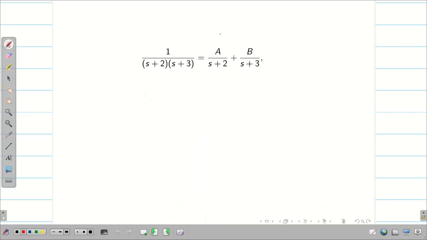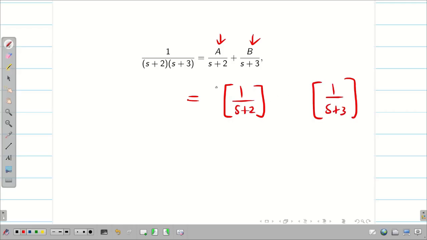While you write these constants a and b, write very legibly. Just write this part 1 by (s plus 2), 1 by (s plus 3). Substitute the values of a and b outside. For example, if a is 1 by 2 and b is 2 by 3, write legibly like this: 1 by 2 plus 2 by 3.